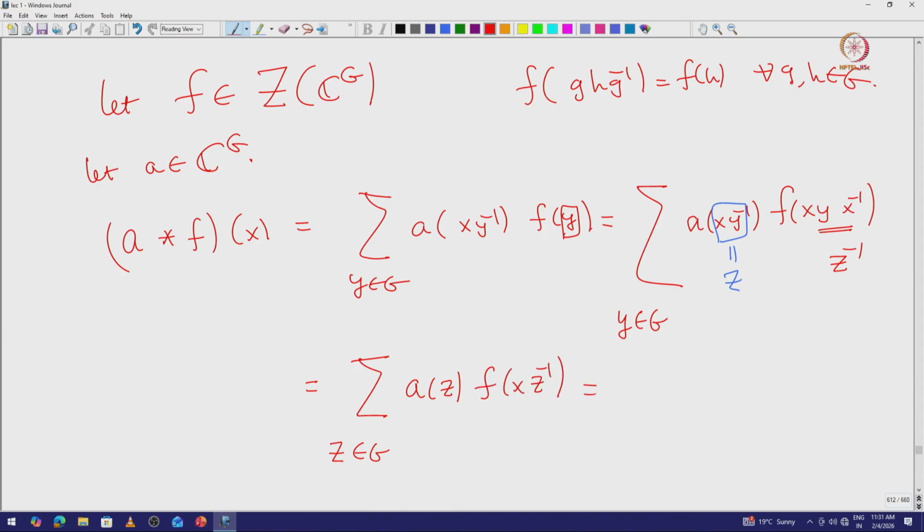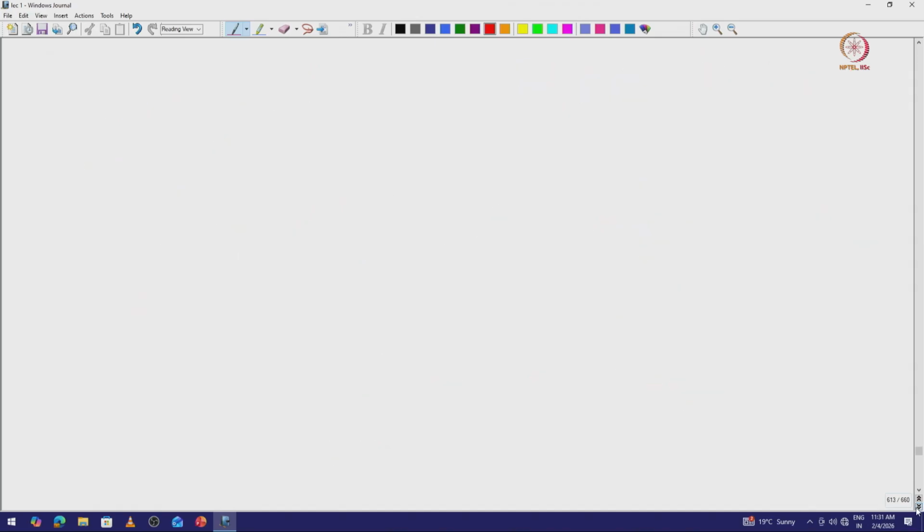If you see this, it is exactly equal to f star A at x. That means A star f is the same as f star A for all A in CG. That tells you that Z(CG) is in the center of CG. Now, let us start with f that is in the center. Let us say f in CG such that f star A is the same as A star f for all A in CG.